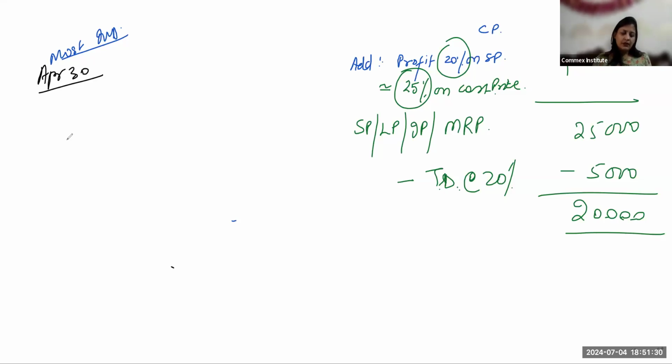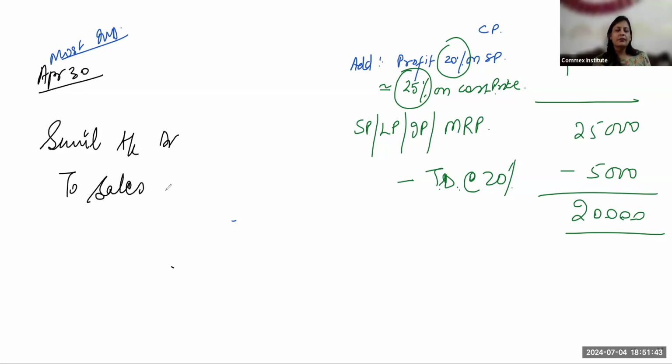So the entry would be: Sunil account debit to sales account, to cash account, and the amount would be 150. We have to pay for cartage, but it is to be charged from the customer.